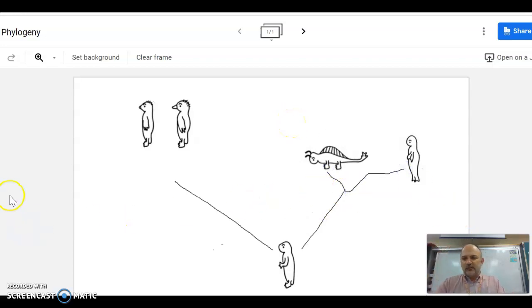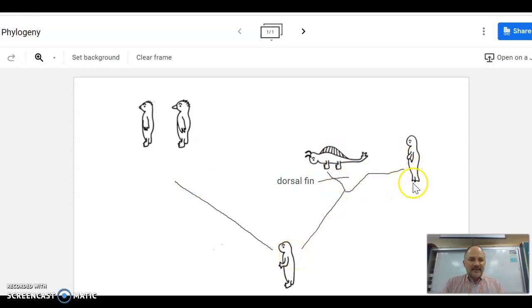What characteristic do I put on this branch for this one with the antennae and stuff? Well, it could be any of those characteristics, really, couldn't it? I think maybe I could put back fin, which is a dorsal fin. That would sum up why that one is different from that one and also different from its ancestor.